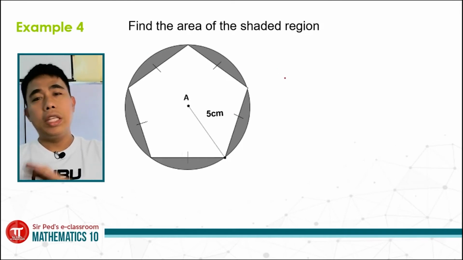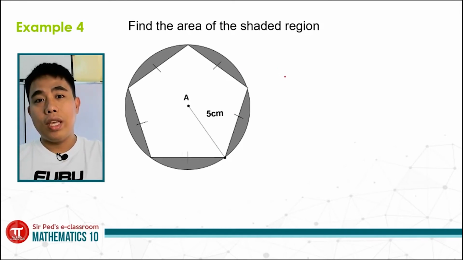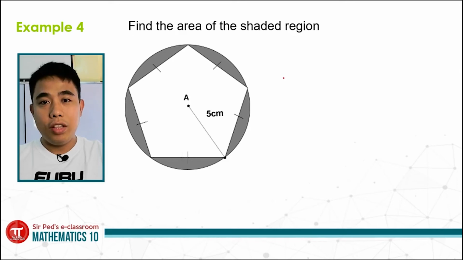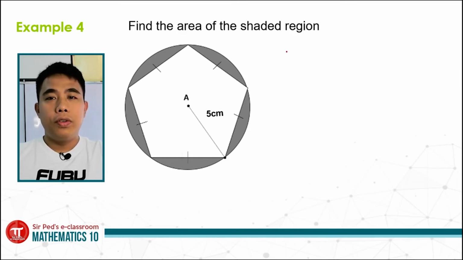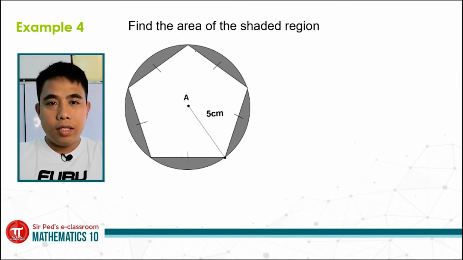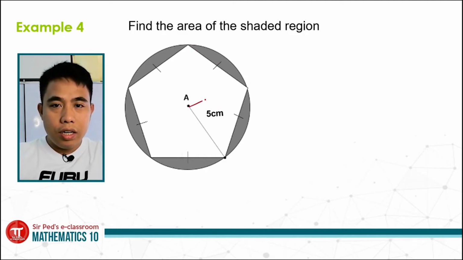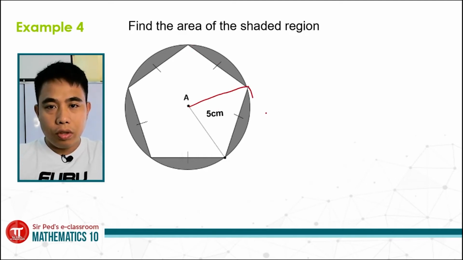Okay, so there are different ways on how we can find the area of the shaded region. So the first one is we consider this shaded here as a segment, right?